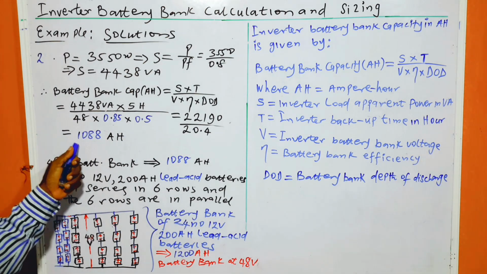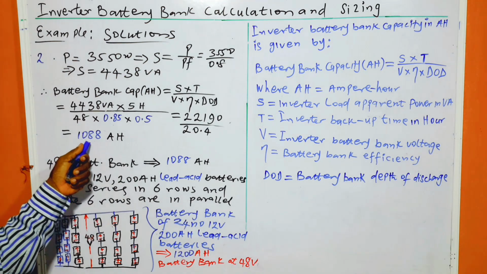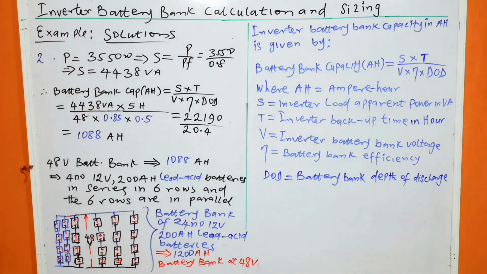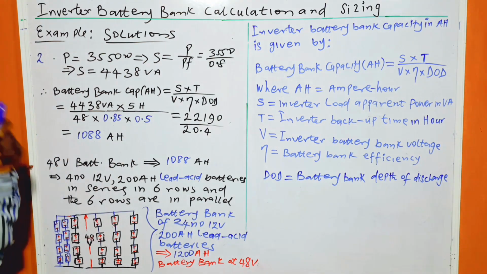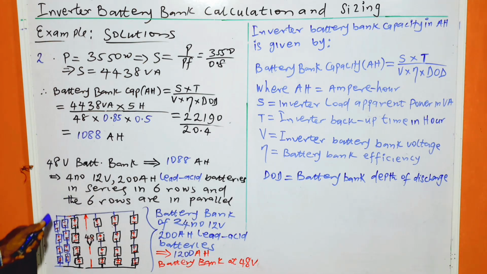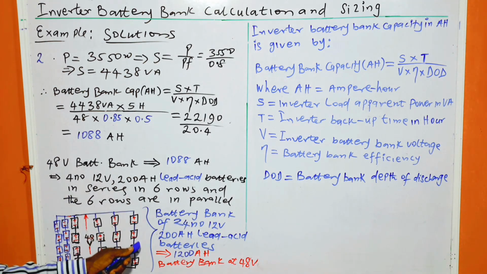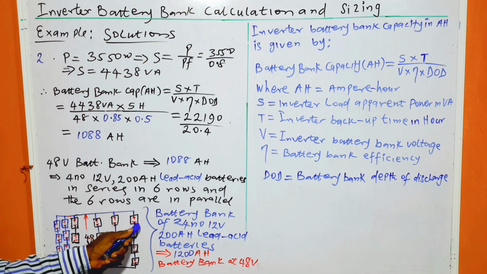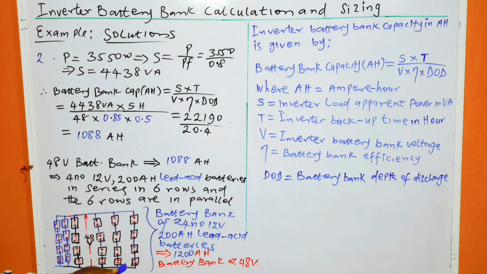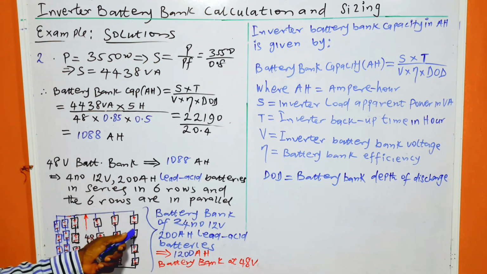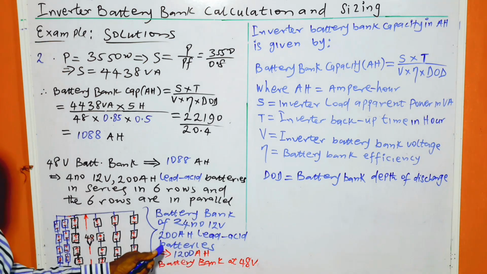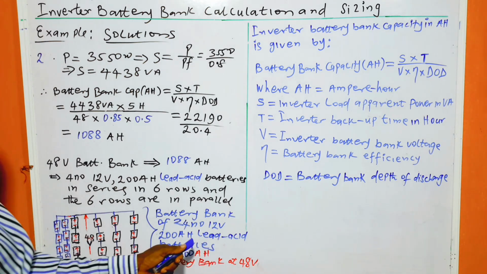So if you substitute 85% into the formula, this is what the answer is. Here, if you calculate the number of 200 that can be obtained, it is 5 point something, so I am deciding to round it up to 6 rows. So we have 6 rows of 4 batteries, each battery is 12 volts 200 ampere hour, and the 4 are in series, and the 6 rows are connected in parallel to give a total of 24 number 12 volt 200 ampere hour lead acid batteries.